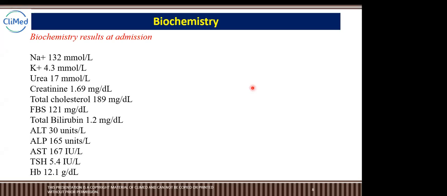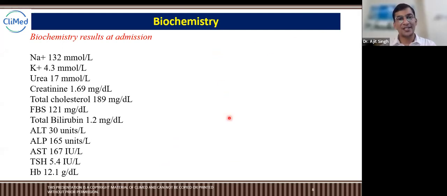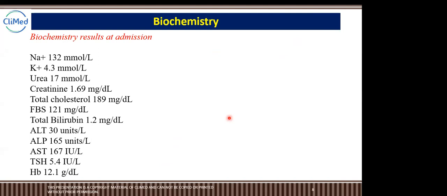Sir, if the patient has more muscles, then the normal creatinine level will also be higher. So you are telling in obese patients? Yes sir, creatinine would be high. Mostly in sport persons we consider creatinine level high.